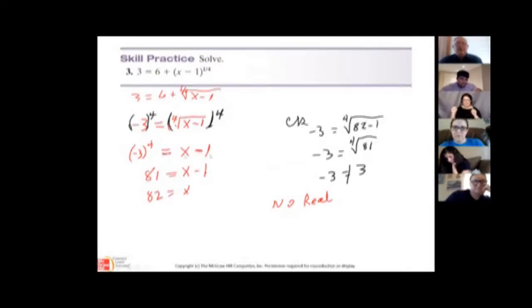That gives me the radicand, and over here, -3 to the 4th is 81. I take the 1 over to the other side, and I get 82 equals x. We do a check on it. In this case, it does not prove to be true because we get opposite signs on our answers. And I checked it from this step right here.